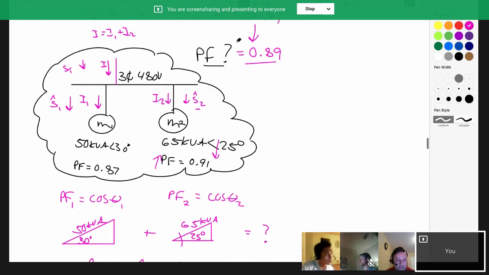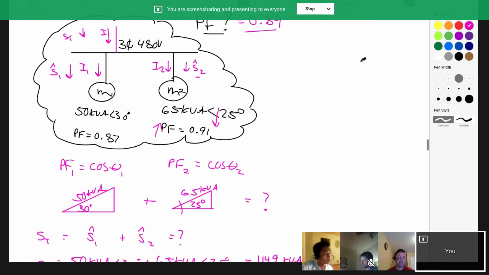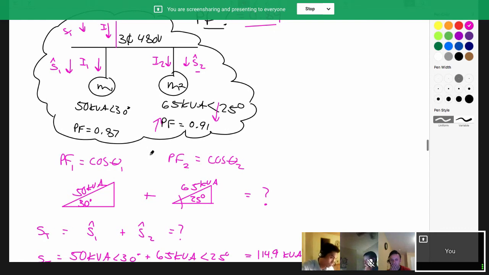Here's one way people mess up. What if someone said, okay, I found the power factor of the first one by doing cosine 30, found the power factor of the second one by doing cosine 25, so I'm just going to do cosine of 30 degrees plus 25 degrees. Big no-no, right?